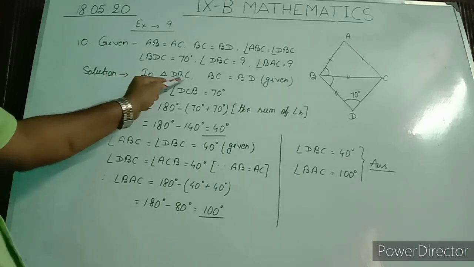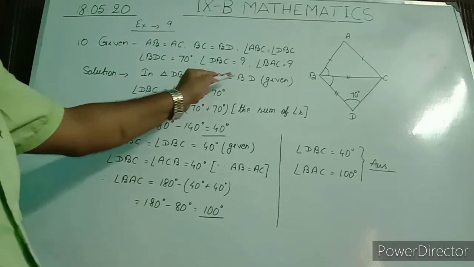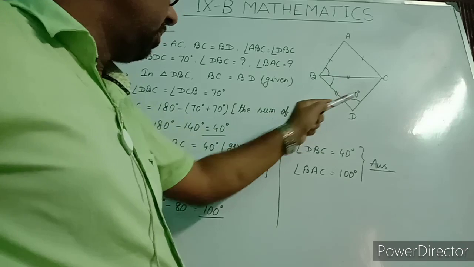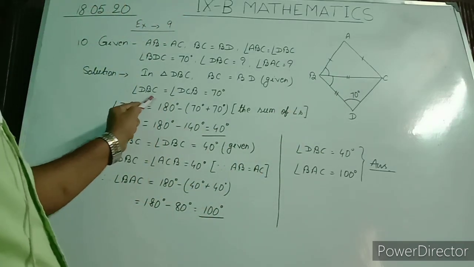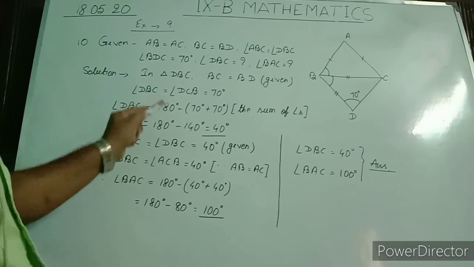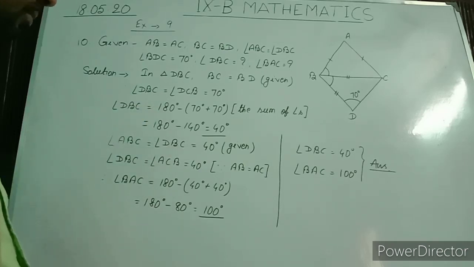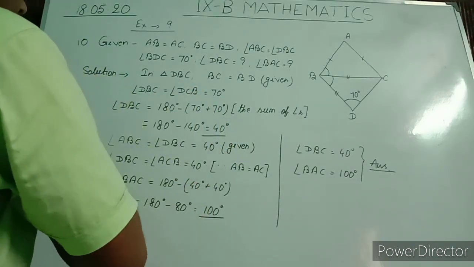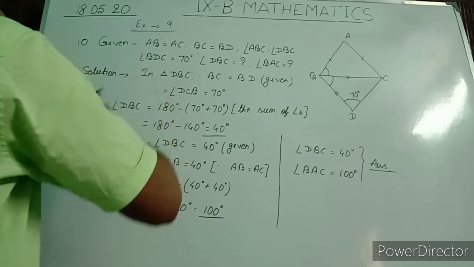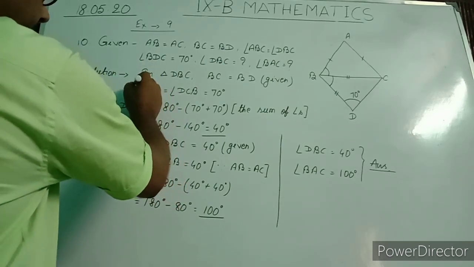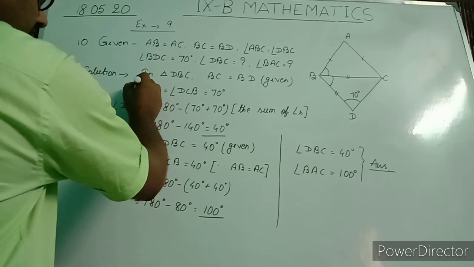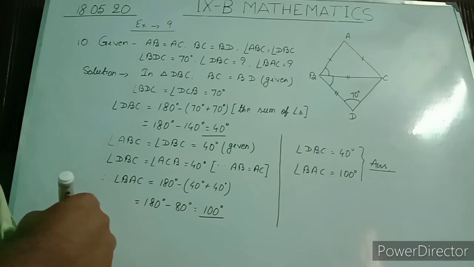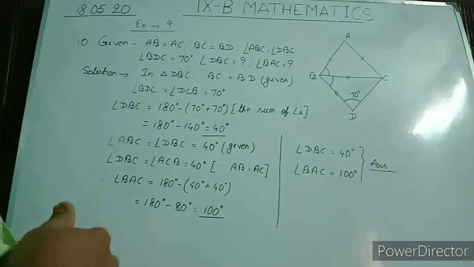So at first in triangle DBC, BC equal to BD, therefore angle BDC equal to angle BCD, that is 70 degree.